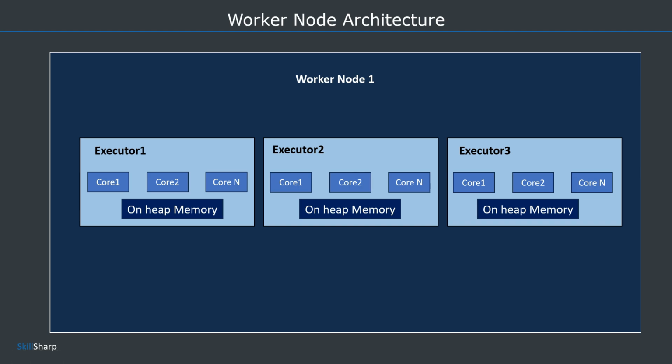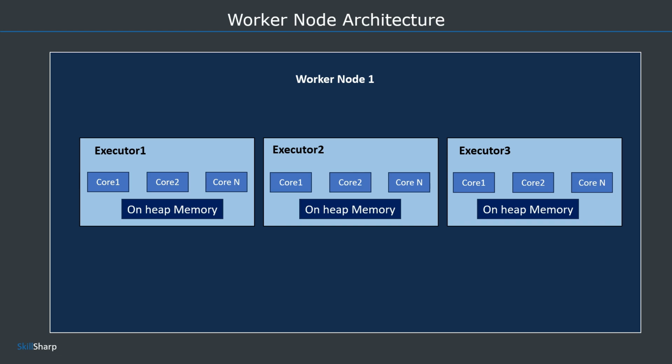So n executors can be created, and any executor can have multiple cores or one core. It depends on the tasks. One task is assigned to one core, or a partition of data is specifically assigned to one core to process. Every executor has its own heap memory where it stores the data while processing.